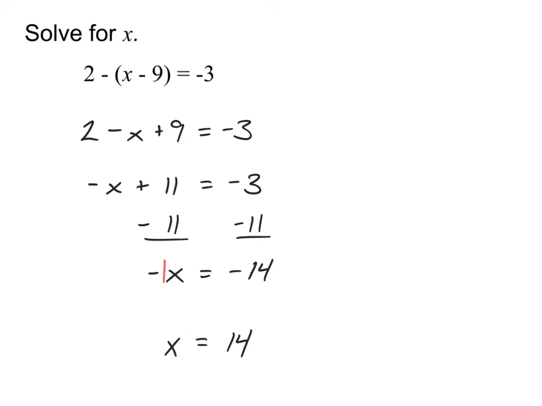And for that reason, I'm going to divide both sides by negative 1 in order to get rid of the negative that's in front of x. So that's why our negative x just becomes x. So anytime you see negative x written like that, know that you can get rid of the negative by dividing by negative 1.